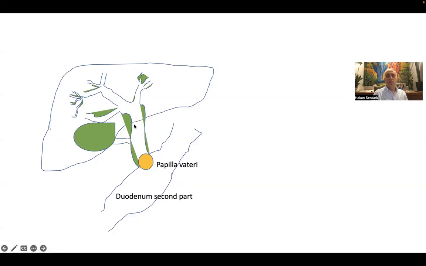This may be due to bile duct epithelial cell malignancy, cholangiocarcinoma, or pancreatic malignancy, because the distal part of the common bile duct is surrounded by the pancreas, and pancreatic head tumors may result in cholestasis as well.